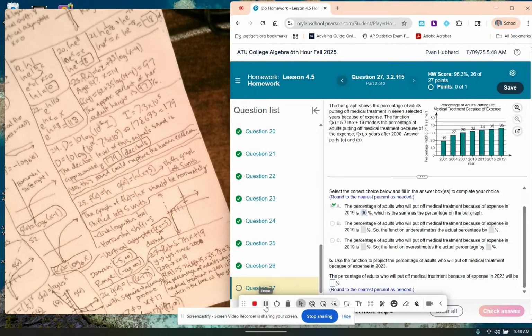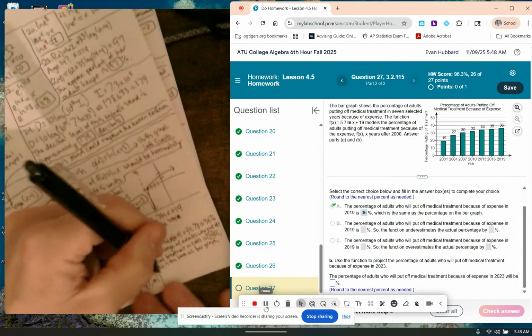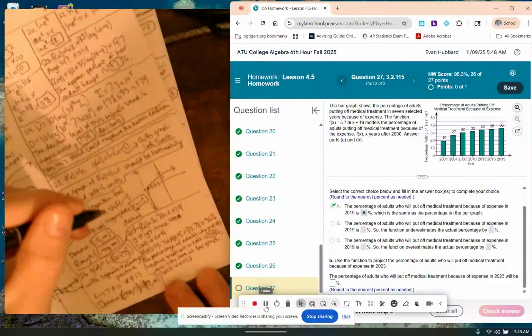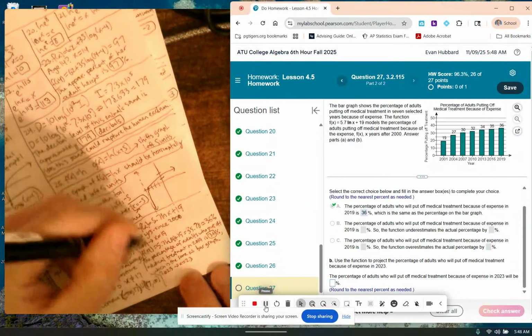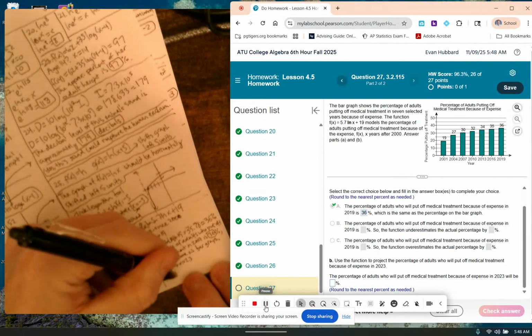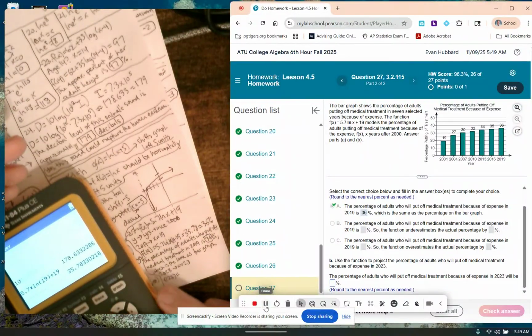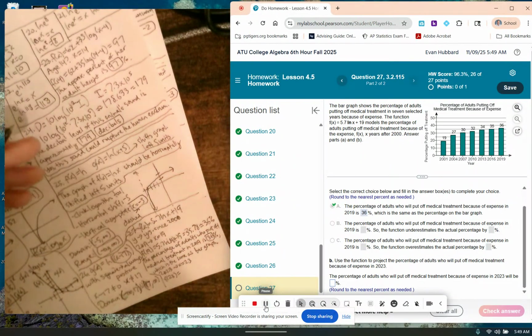B, use the function to project adults who will put off treatment in 2023. So in 2023, x equals 23. So f of 23 is equal to, oh man, that's so close, 36.87.